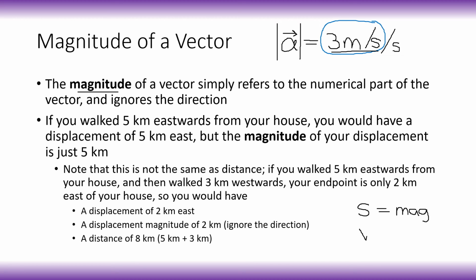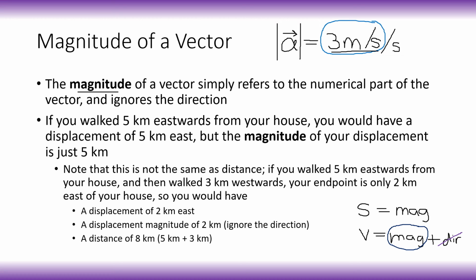Your vector is a magnitude plus a direction, so a magnitude and then it's got a direction attached to it. So the magnitude of the vector basically just ignores the direction. You just forget about this part, and you're only looking at how big this is. And as we saw in our speed and velocity example, they're not always going to be the same number. So it's going to be different from your regular distance, for example, if you're talking about displacement.